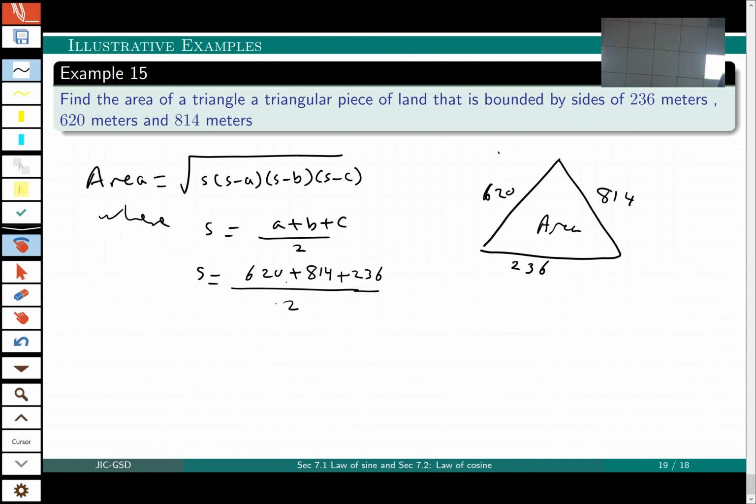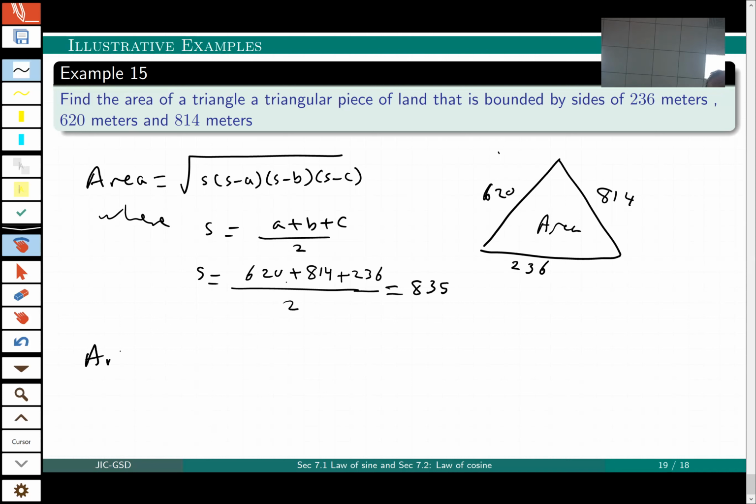So that will be 620 plus 814 plus 236 divided by 2. So that will be 835.